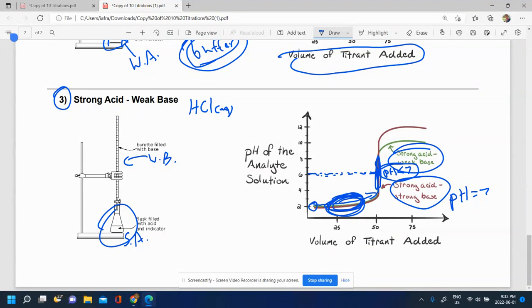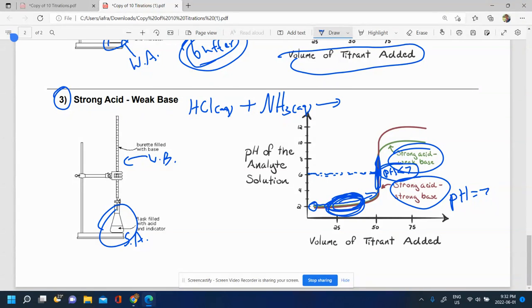aq, and I was using a weak base in my situation here, or my titration. So let's say the weak base is NH3.